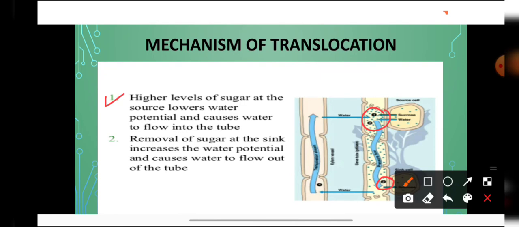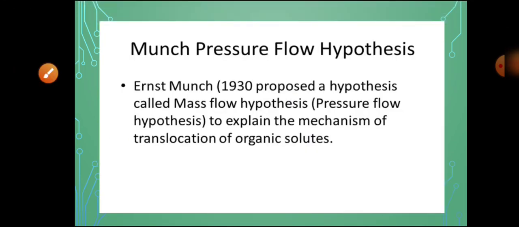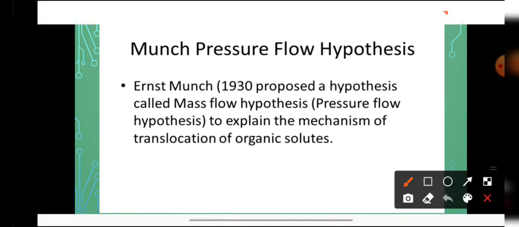In the source region the value of water potential is low and in the sink region the value of water potential is high, and this is causing the movement of the water molecules along with the solute particles.